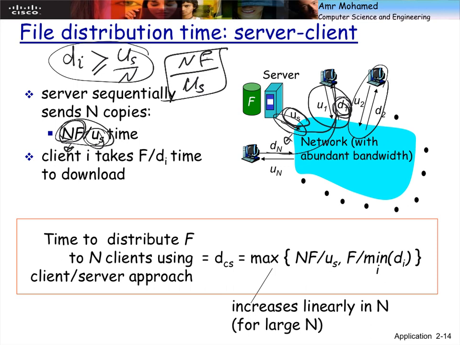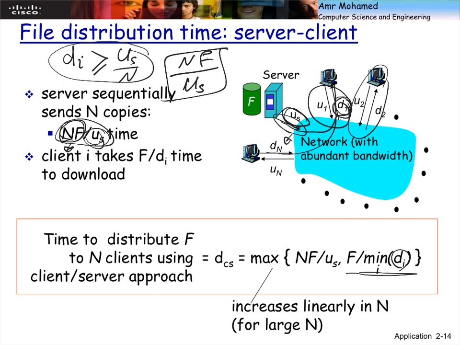Okay? So in that case, for this particular client, the client that has DI, which is very low, the time taken to distribute this file is F over DI for this particular file.